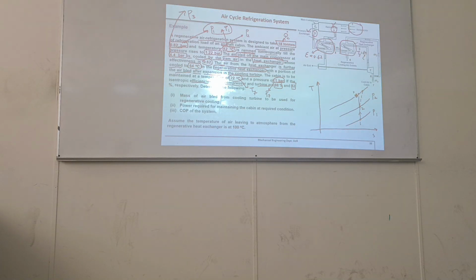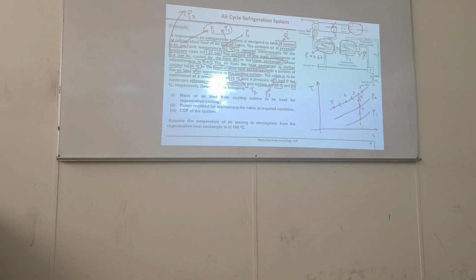So 2 to 3, 3 dash, then 3 to 4 constant pressure cooling, then 4 to 5, another constant pressure cooling. So it will end up somewhere here. Better to show an arrow so that we know where the fluid is going.